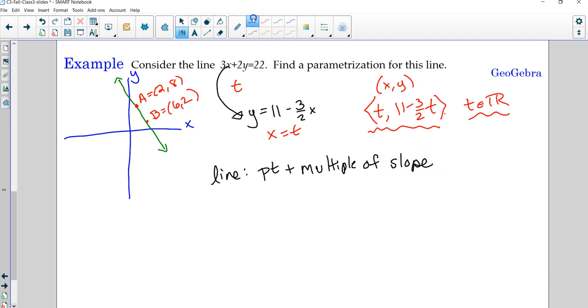Well, if we do that, this line should be the point (2, 8), and remember, Stewart has a discussion about the difference between points and vectors. We're not going to be so concerned with that discussion here.